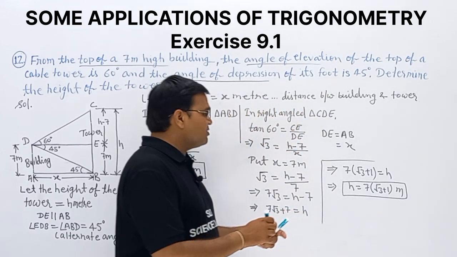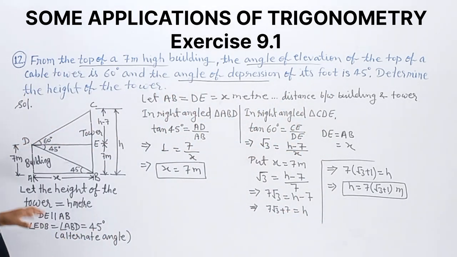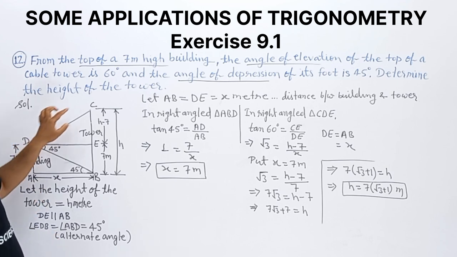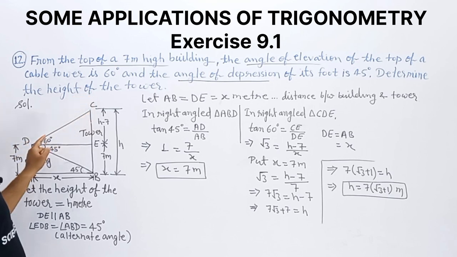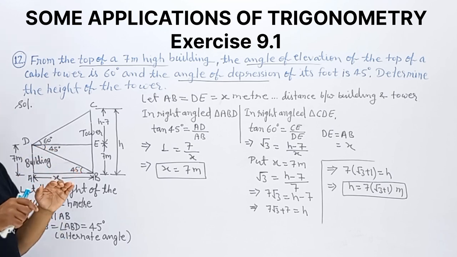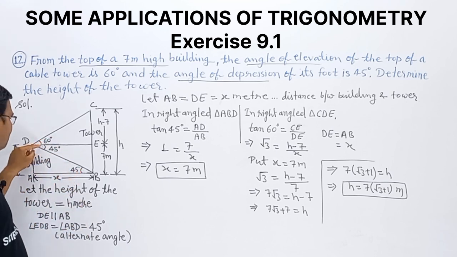Observe again, an easy question. We have a building whose height is 7 meters, and a cable tower. From the top of the building, the angle of elevation of the top of the tower is 60 degrees, and the angle of depression of the foot of the tower is 45 degrees. Angle of depression means the angle below the horizontal line.